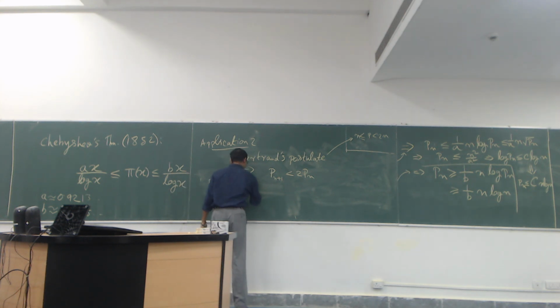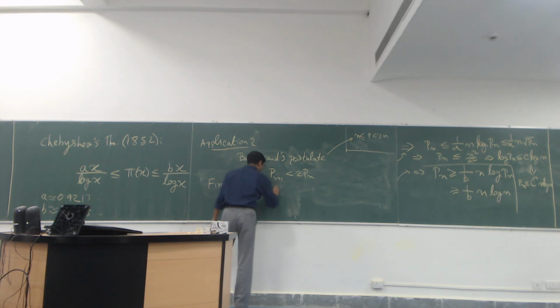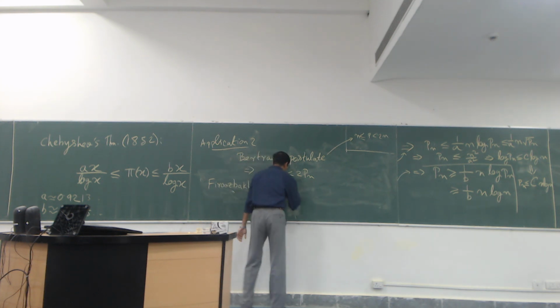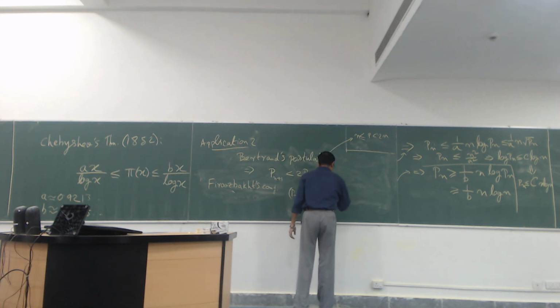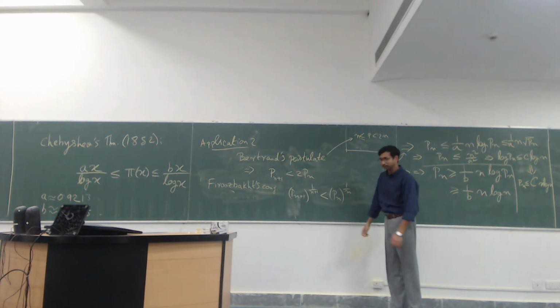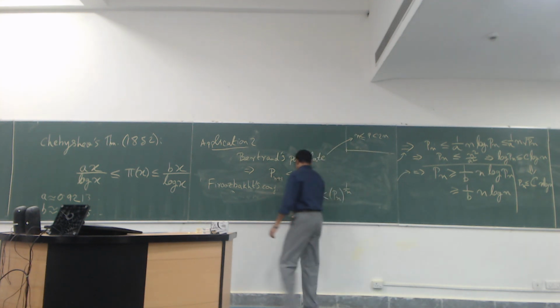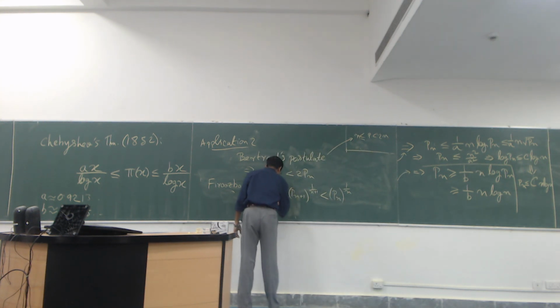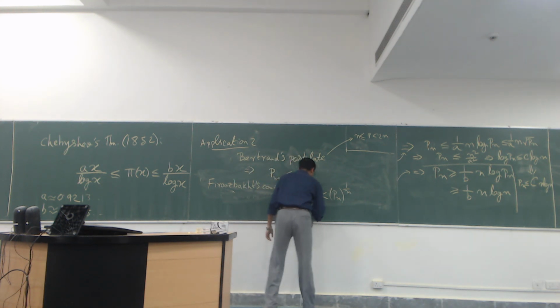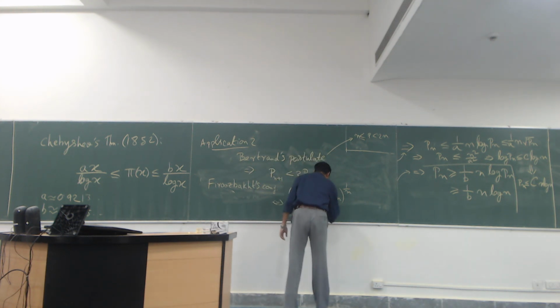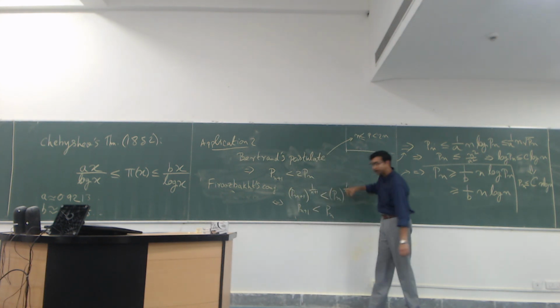Root test condition says Pn plus 1 to the power 1 by n plus 1 is less than Pn to the power 1 by n. This is the open condition. Now, note that this is if and only if Pn plus 1 is less than Pn to the power n plus 1 by n, right?